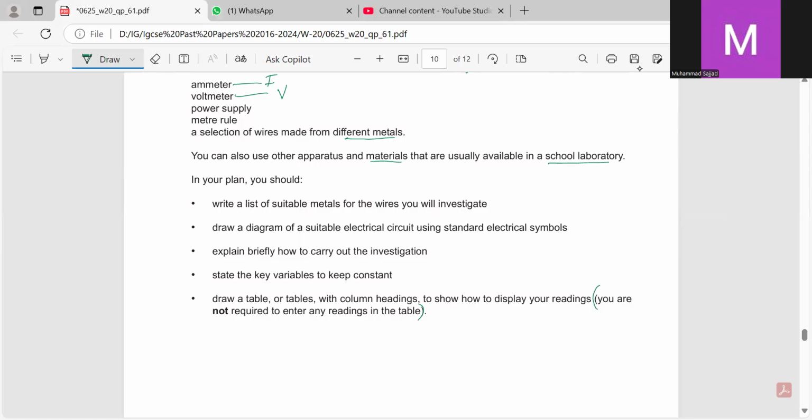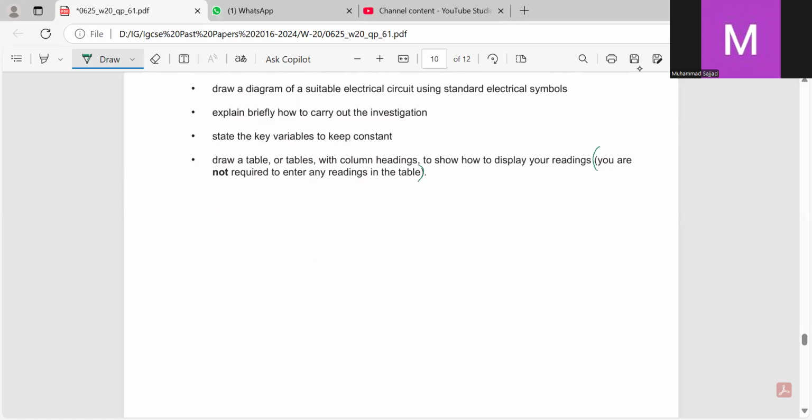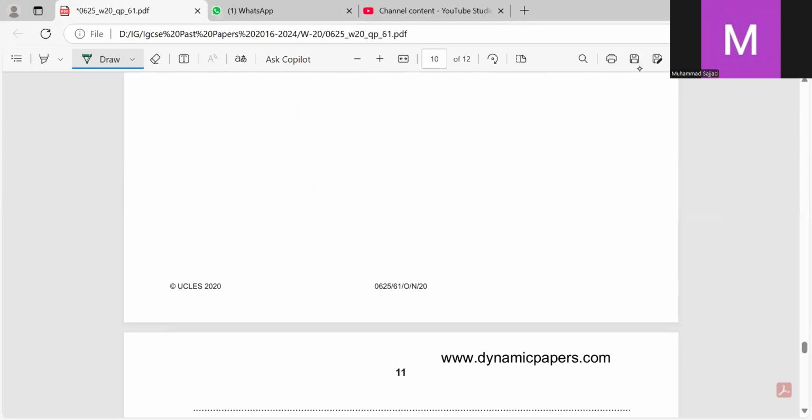So my dear friends, first of all, write a list of suitable metals for the wires you will investigate. So we can start like this.